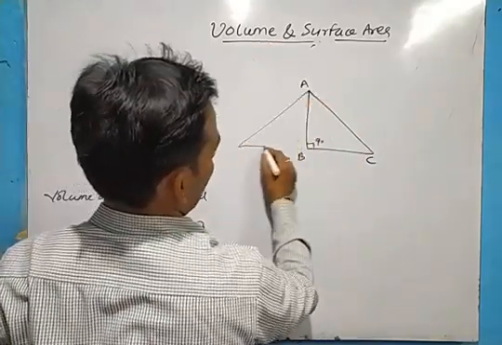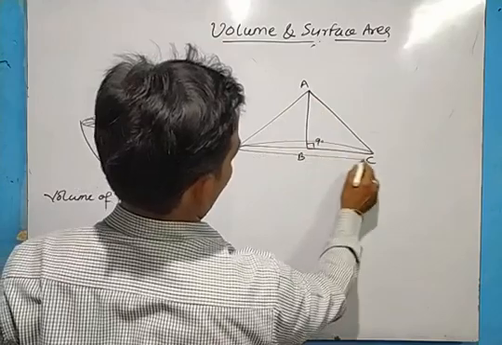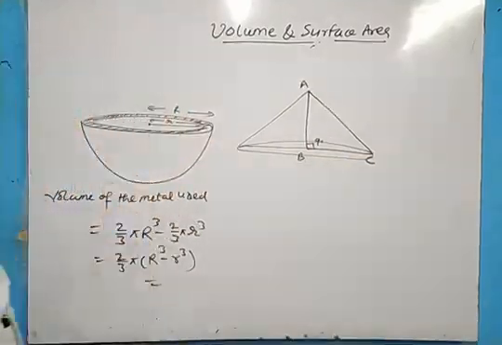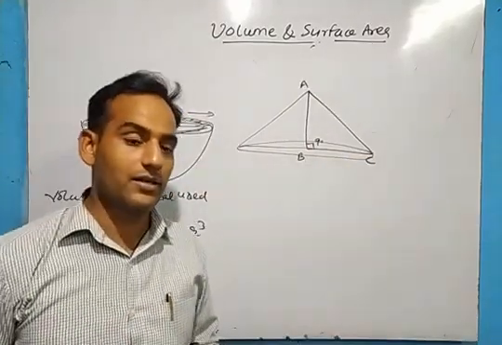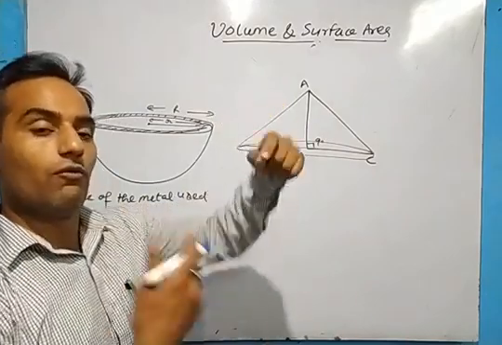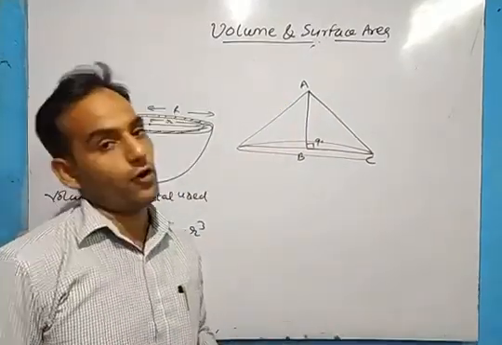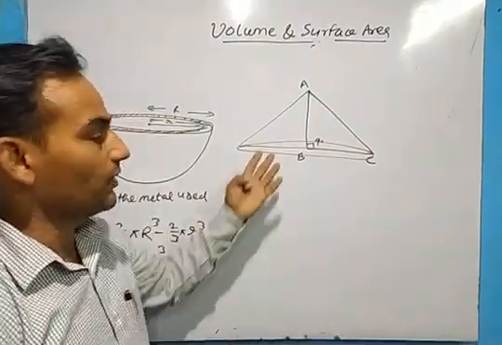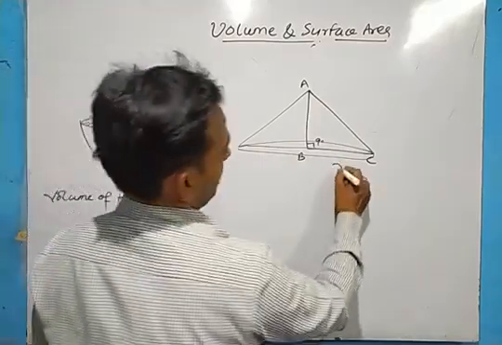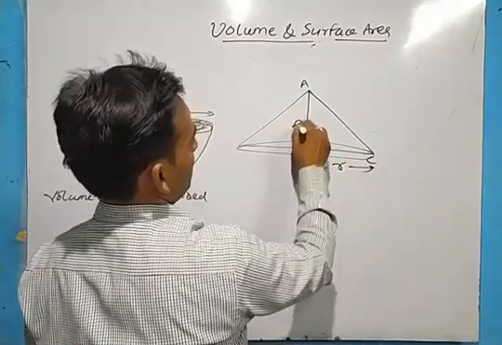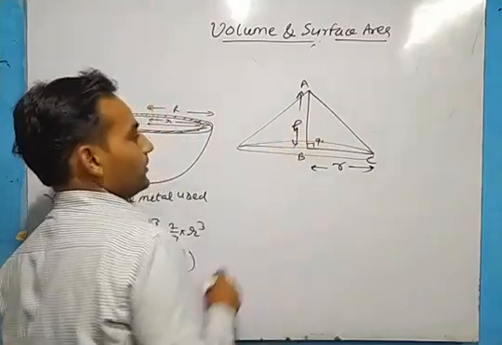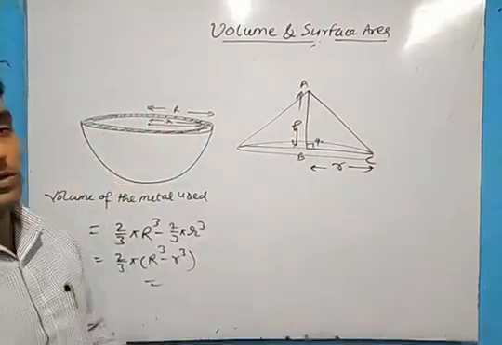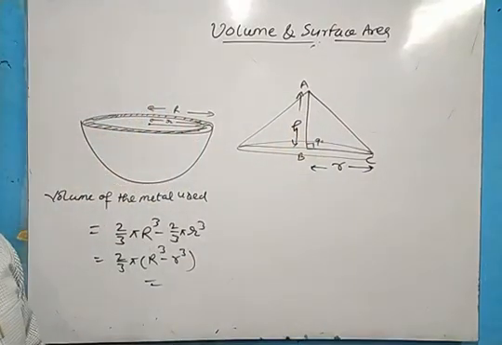See, after revolving we will get a cone. So questions will come like: any right angle triangle is there and you are revolving it, what will be the volume of the figure formed? The figure formed will be a cone. So this will be the radius, this will be the height, okay. So we can find the volume of the cone.